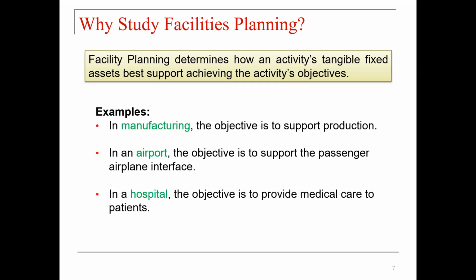In a hospital, the objective is to provide medical care to patients. So in addition to having the doctors, having the nurses, and having the patient there, you have to provide this environment that will allow you to carry out this activity for the benefit of the patient. Same thing for the airport with the passengers, and same thing with the manufacturing process in terms of completing the product.